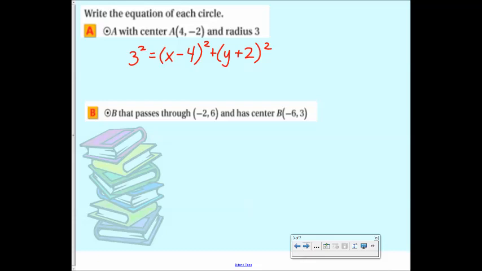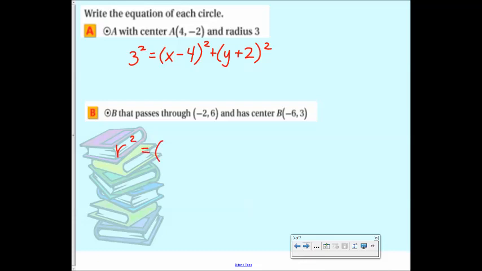Okay? What would you do here for b? What do you have there? You have the center and... Did you put it in the formula, right, to figure out the radius? So we're still going to do r squared, but I don't know what it is.